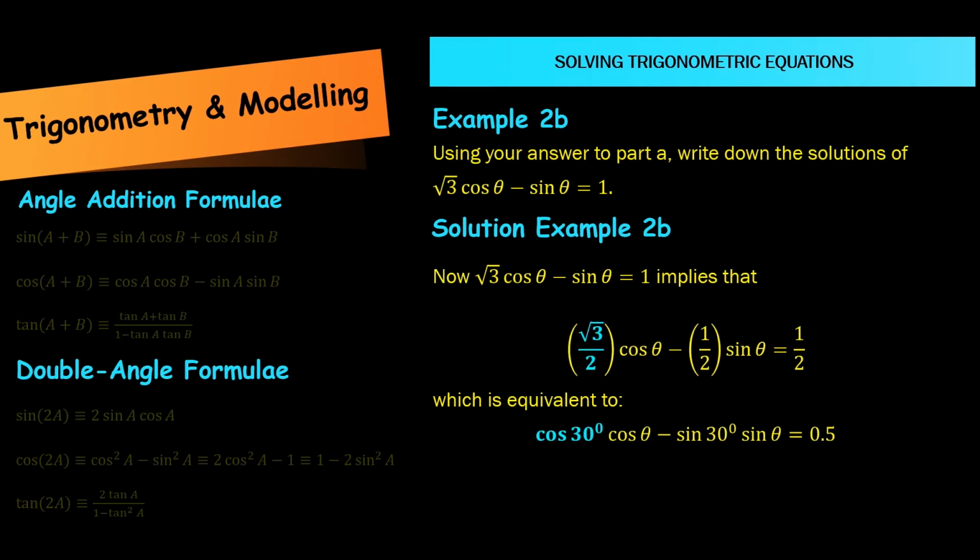This is equivalent to cos 30 degrees, since root 3 over 2 is equal to cos 30, times cos theta minus sine 30 degrees times sine theta equals 0.5.